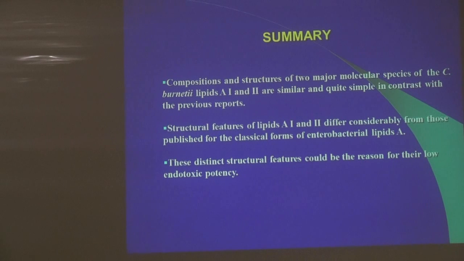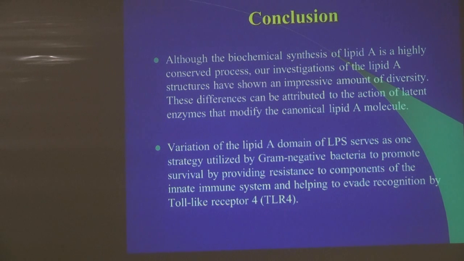Those lipids differ considerably from those published in other classical forms of enterobacterial lipids, and these distinct structural features could be the reason for their low endotoxic potency. Another suggestion is that the structural heterogeneity of this lipid A species is attributed to the action of a latent enzyme that modifies the canonical lipid molecule. This has not been proved yet.